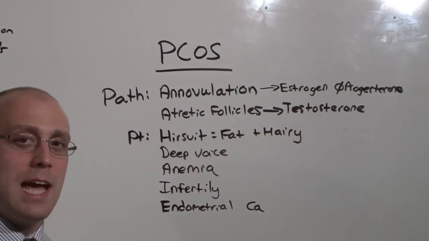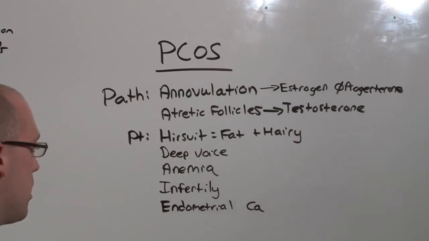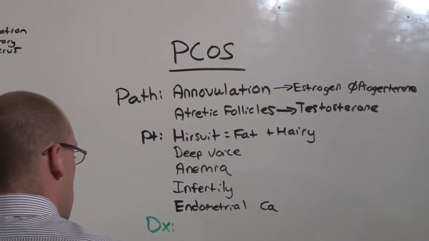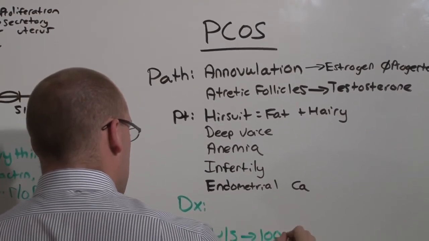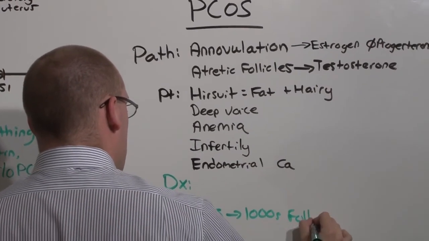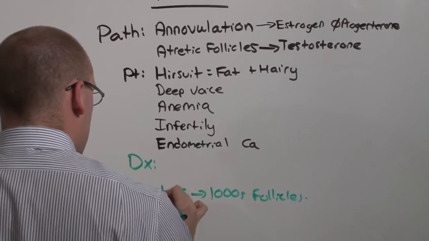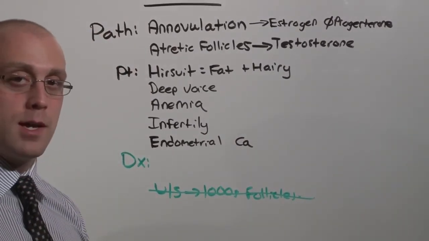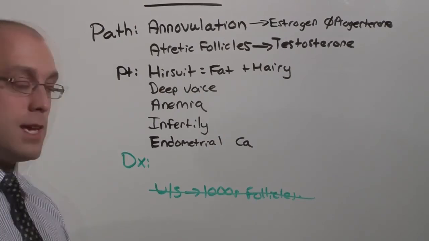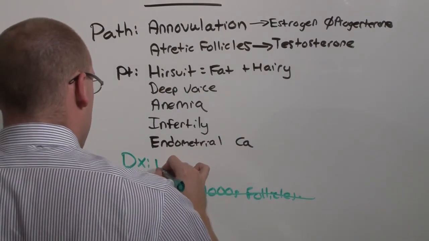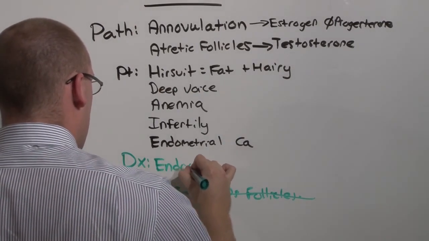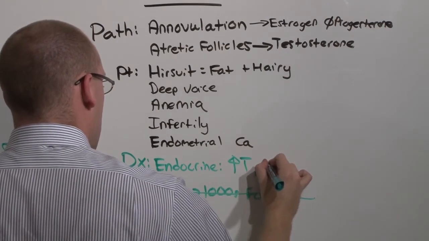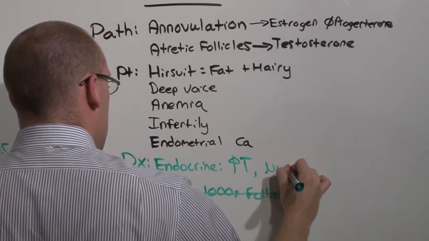This is actually an endocrine diagnosis. Many people are going to get the ultrasound, and the ultrasound is going to show you the thousands of follicles. You do not need the thousands of follicles on an ultrasound, and it will be an option. You should not pick it because you do not need it. It is an endocrine diagnosis. What you're looking at is an elevated testosterone, but normal DHEAS.